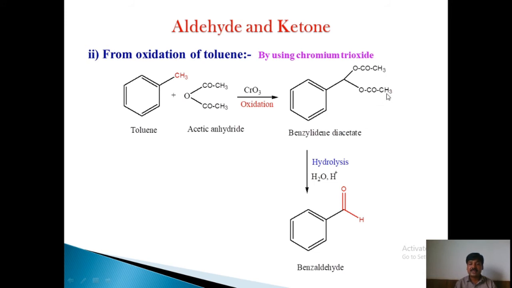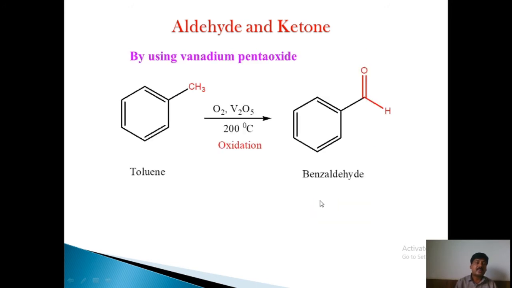Acetate means CH3COO, that is an ester group. After that, this intermediate, benzylidene diacetate, is hydrolyzed by using acid to produce our target compound, benzaldehyde. This is your second method.